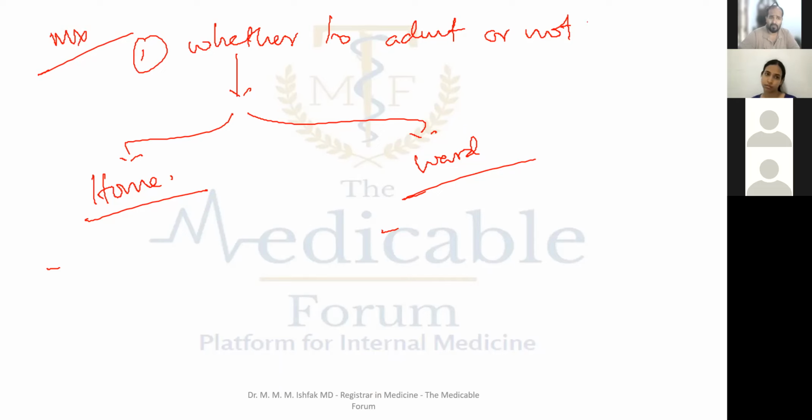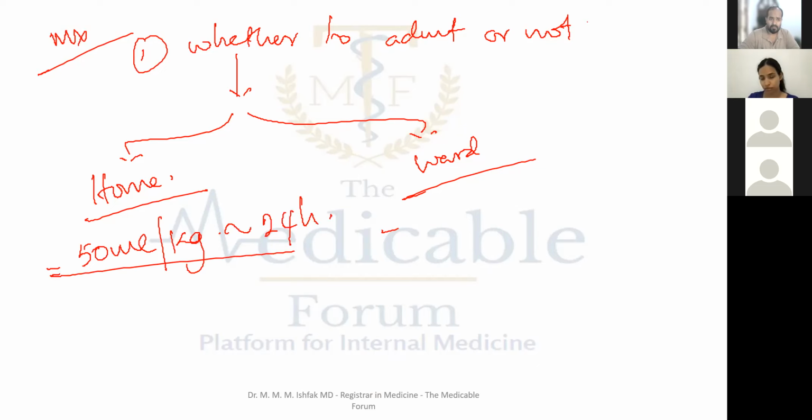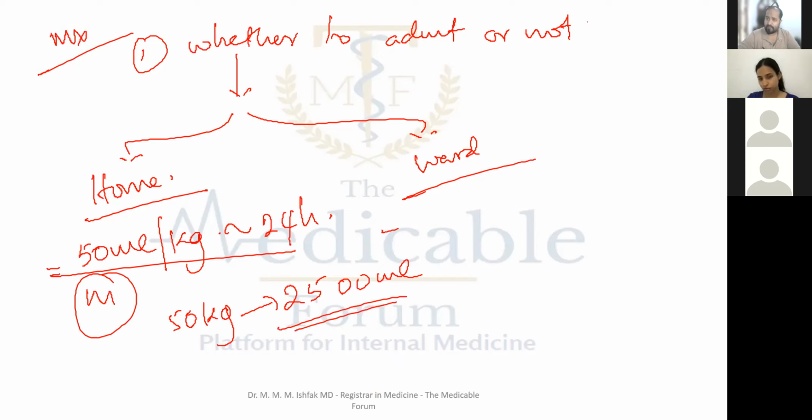Next, you tell them to take 50 ml per kg for 24 hours. Now, this is your maintenance. So, for a person who is 50 kilograms, it is 2500 ml over 24 hours.